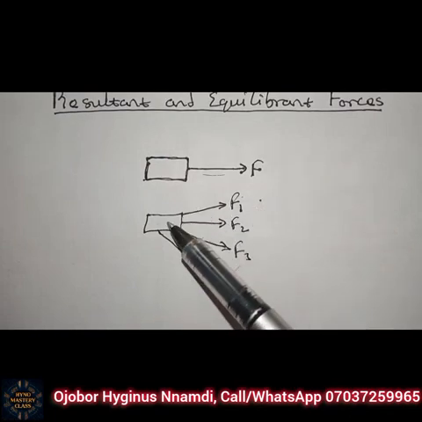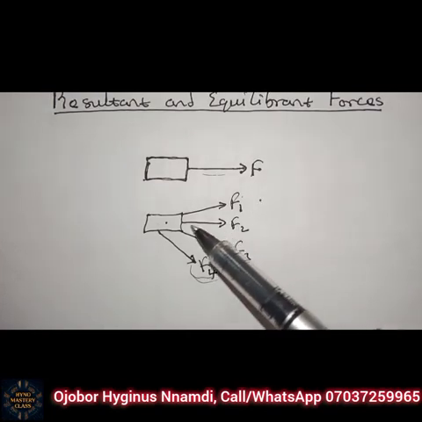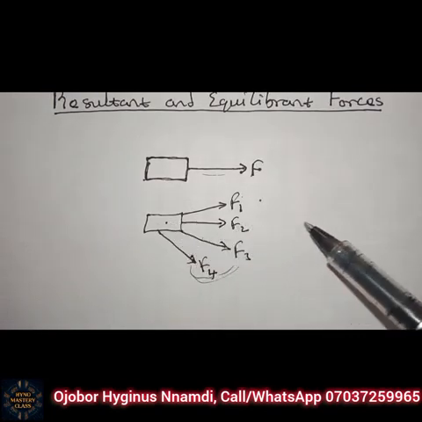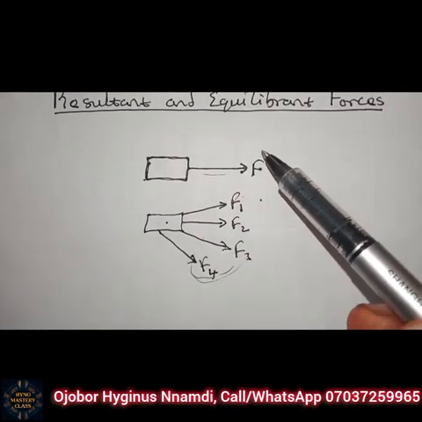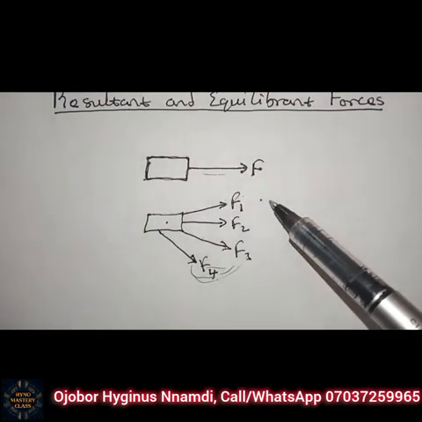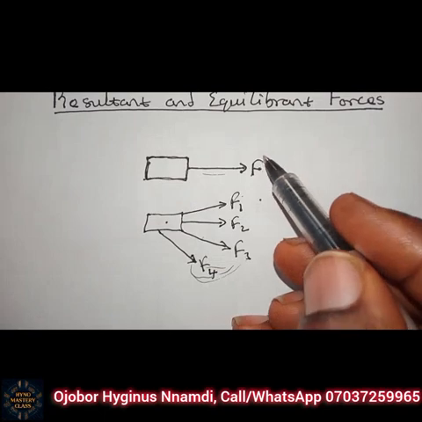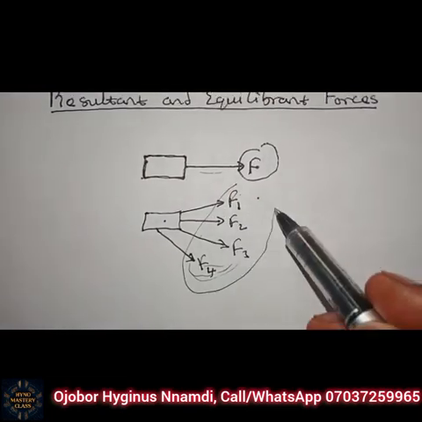So if it takes these four forces to move this vehicle to the right, and you remove them and bring a single force that still does the same thing these four forces did, it simply means that this single force F is the resultant of these four forces put together.